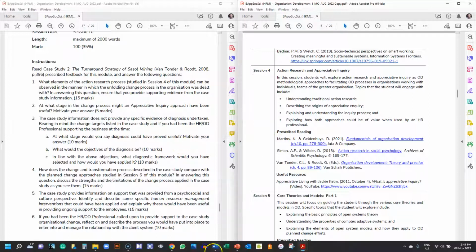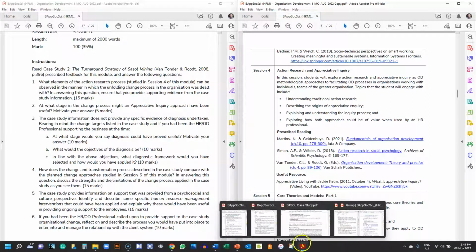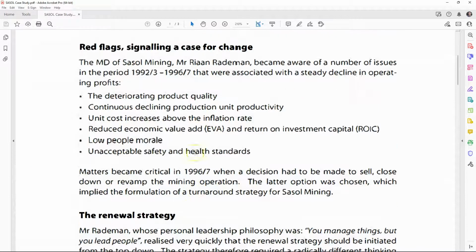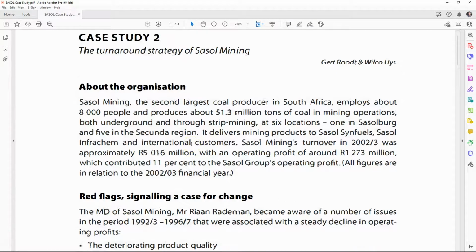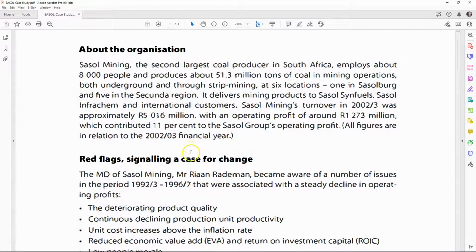So again, the case study, you would work through that, as I mentioned several times, reading it maybe 2 or 3 cycles, and you would then have a very good idea of what happened here.